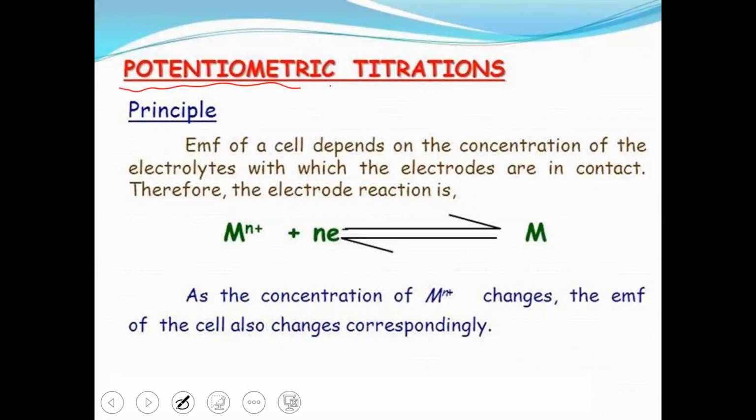So next one is potentiometric titrations. Likewise like conductometric titration. In the conductometric titration, what we had done: by using the conductance values, we can easily determine the end point, that is the equilibrium point of two solutions.